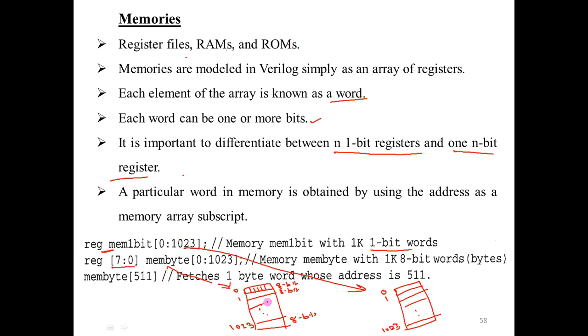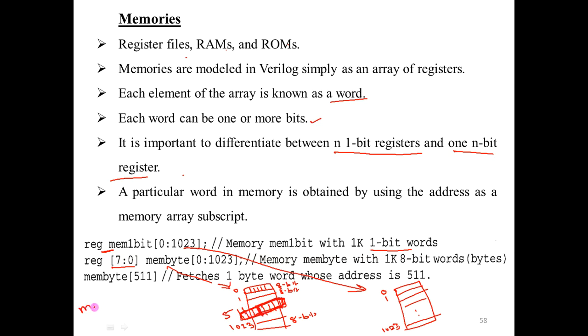So 511 somewhere in between it will be there. This 511 rack will be somewhere here. This particular rack will be fetched. I'll be referencing this particular rack. In this, I have arranged 8 books, 8 bits, 8 books. I wanted to fetch the fourth book. So 0, 1, 2, 3, third one.